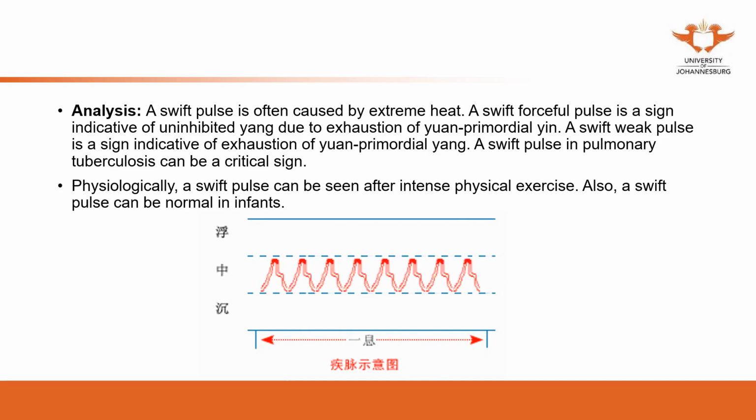A racing pulse is normally in a severe condition. That's why it says extreme heat. Forceful is the excessive, weak is the deficiency. And also in kids, especially in infants, it may be normal at this rate. So these two categories are from the rates, how many beats per breath or how many beats per minute.